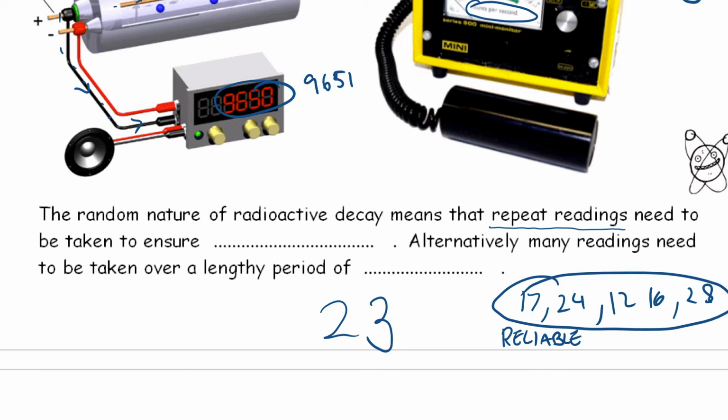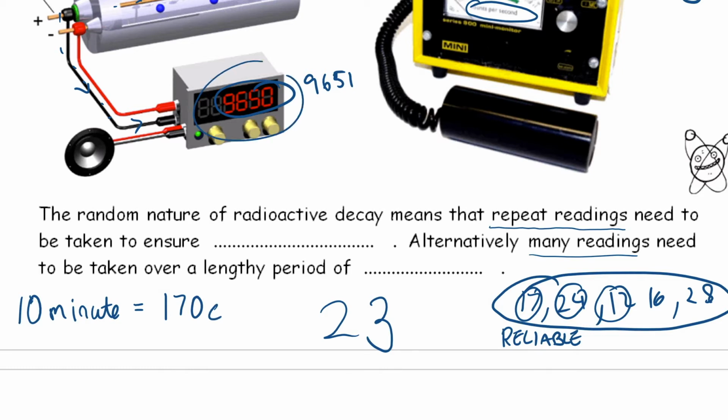Alternatively, you can take many readings over a lengthy period of time. Let's say that rather than measuring for 1 minute at a time, you could measure for 10 minutes. So you take a 10-minute reading, and you might get 170 counts being read over 10 minutes.